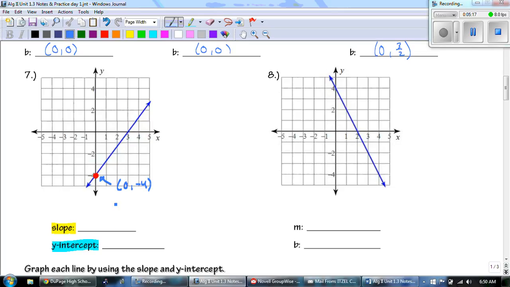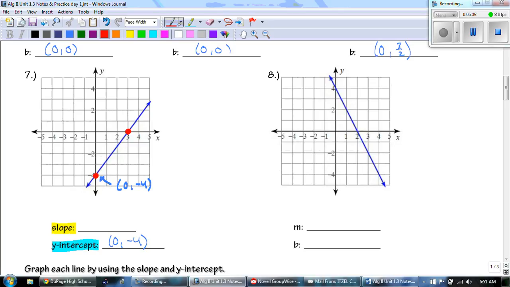So I know that that is going to be my y-intercept. Now, to find the slope, what I'm going to do is I'm going to try to find a point where it crosses, okay?